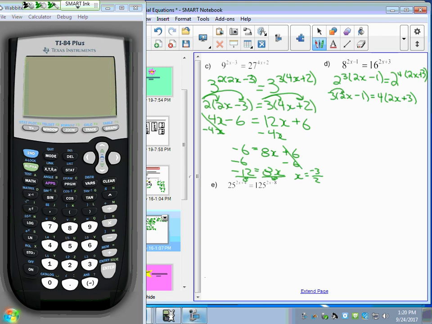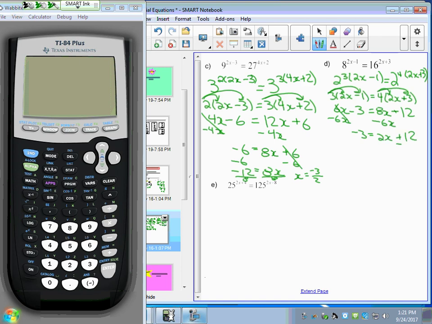Remember to expand. 3 times 2x is 6x. 3 times negative 1 is negative 3. 4 times 2x is 8x. 4 times 3 is 12. Collect your like terms on one side. I'll subtract 6x from both sides. Those cancel out, and I'm left with negative 3 equals 2x plus 12.